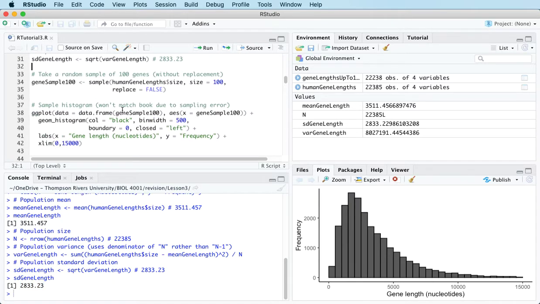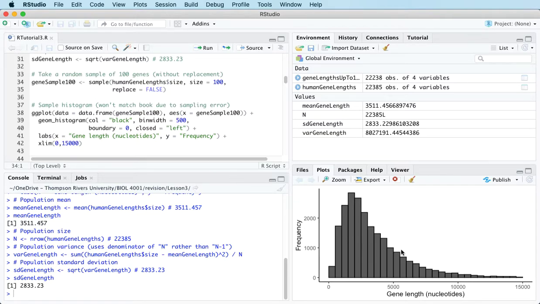Okay, now we get to the part which is going to mimic what we usually do in practice. We can think of taking a random sample from that population. This is the piece of information that we get to see in practice.